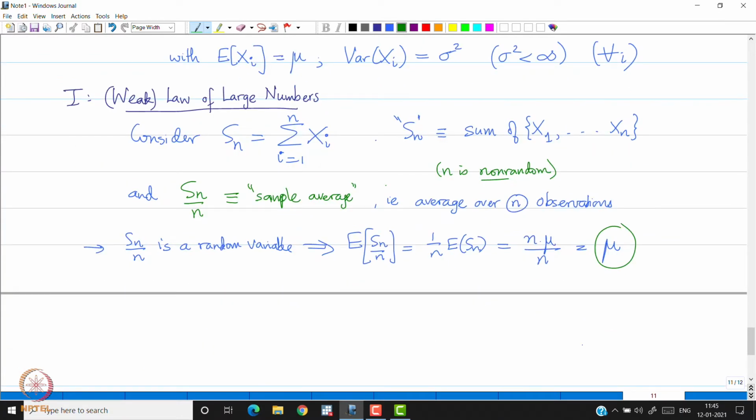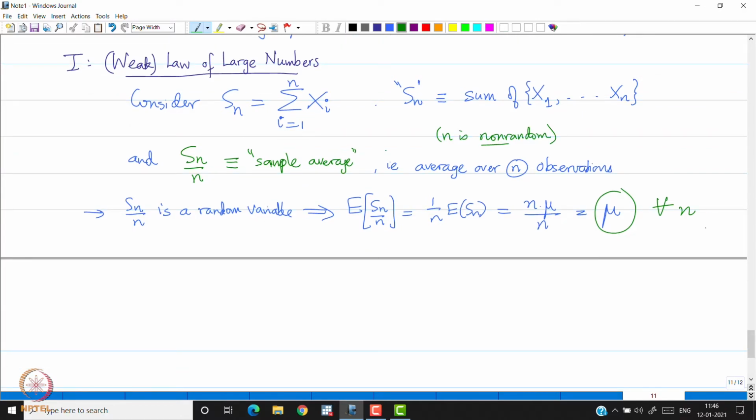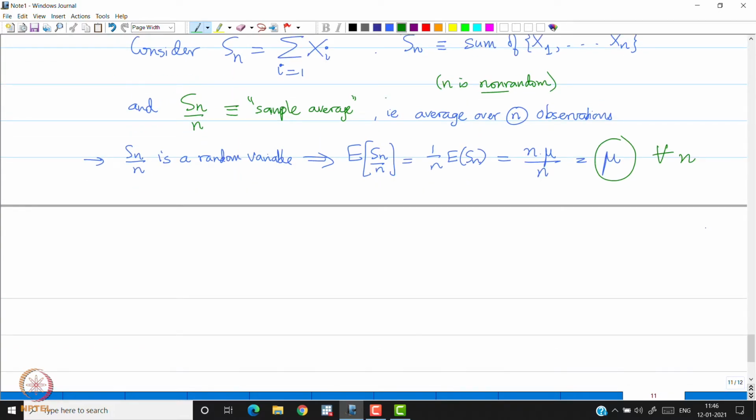So Sn will have a mean which increases linearly with n, it is n into mu, but Sn by n has a constant mean mu, the same mean mu of the xi, and that is true for all n. So the sample average very easily is shown to have the same mean value as any of the individual observations xi.